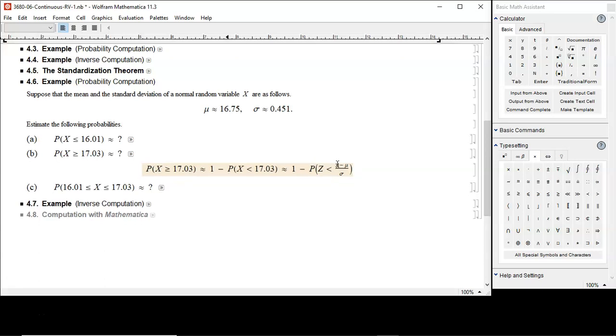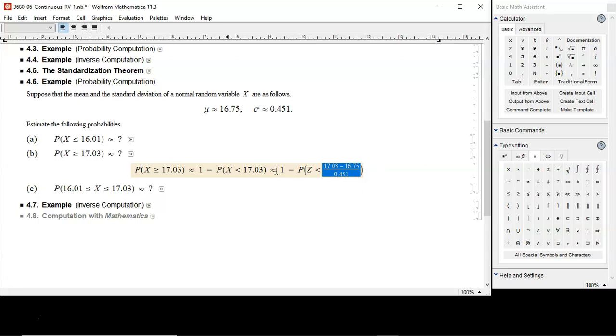So x is 17.03, mu is 16.75, and sigma is 0.451. If you calculate that, you're going to get the z value that you should look up.